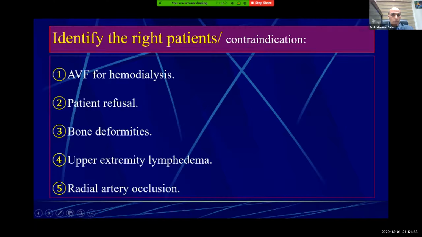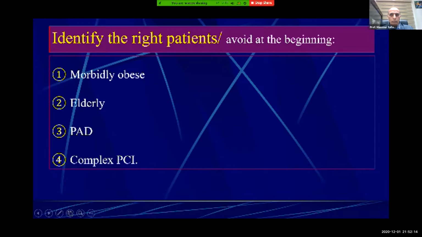If the patient refuses because of a bad experience or whatever, I think you shouldn't start. Any bone deformities, upper extremity lymphedema, and radial artery occlusion from a previous study are also contraindications to proceeding.